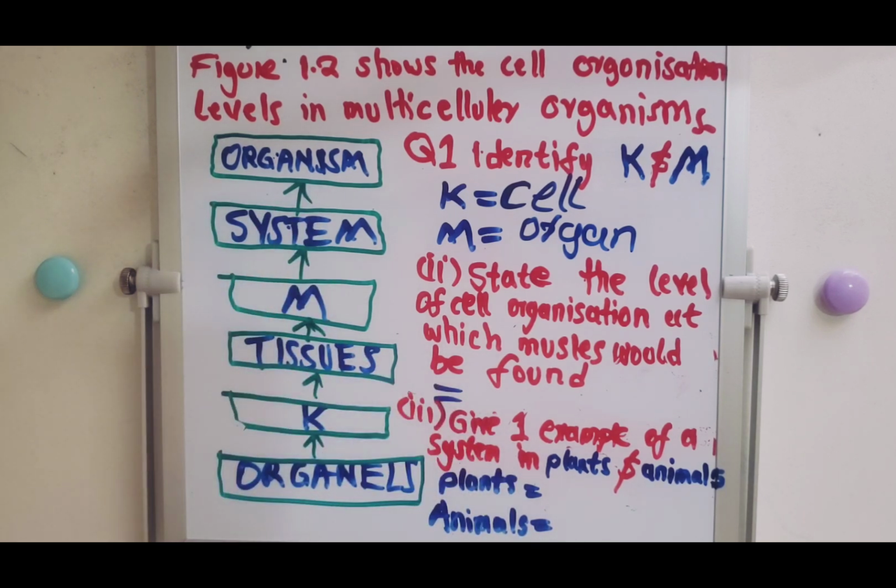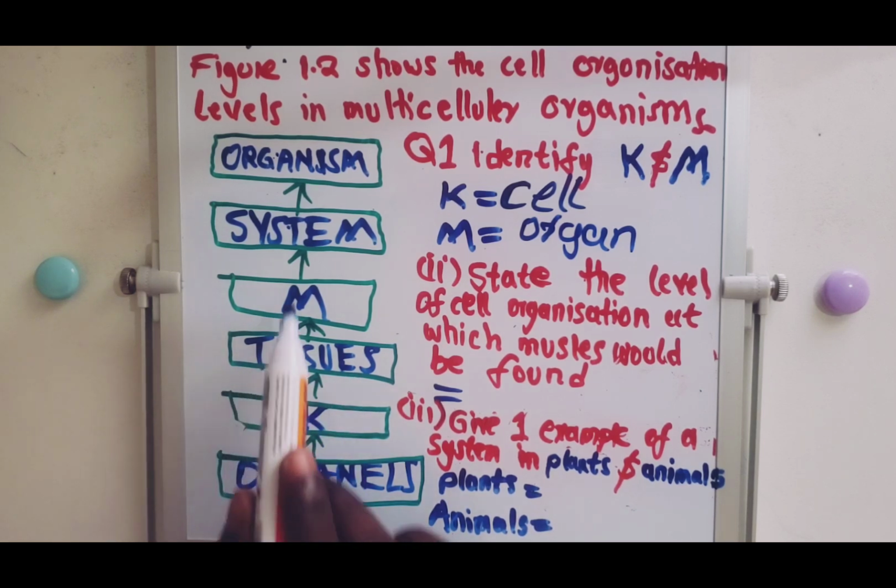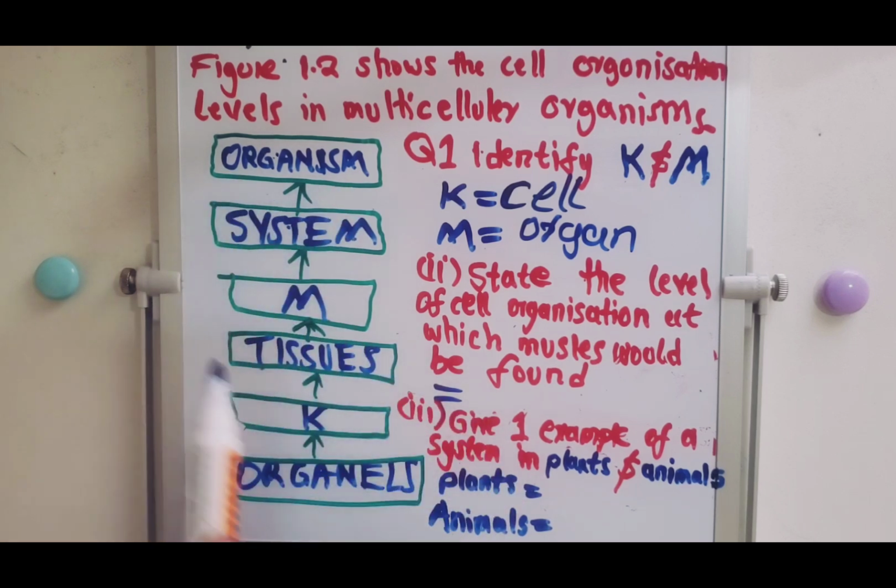All right. Question 2 reads, state the level of cell organization at which muscles would be found. Having understood the levels or stages involved in the formation of an organism, they want us to state, amongst these stages, at which level we can find muscles. Are muscles found at the organelles level, or at the tissues, or at the system, or at the organism stage?